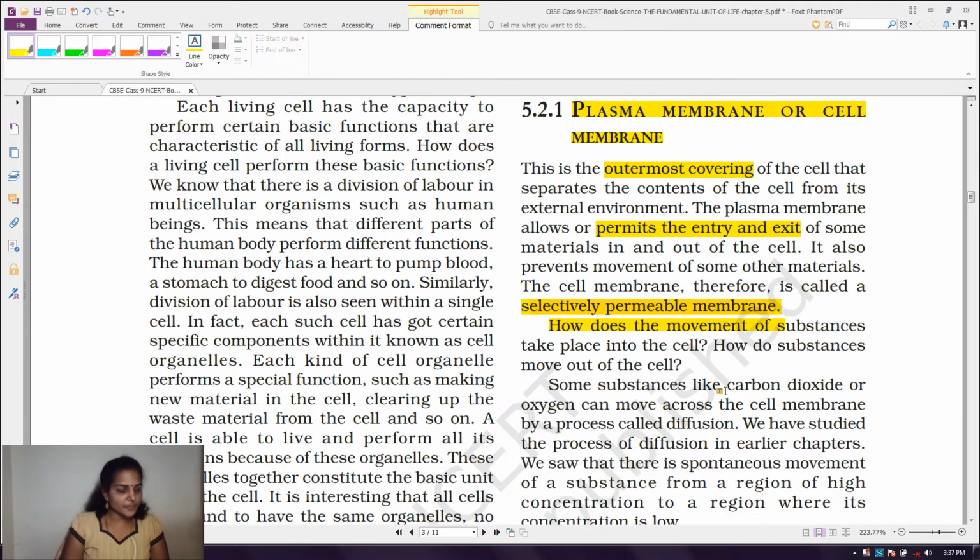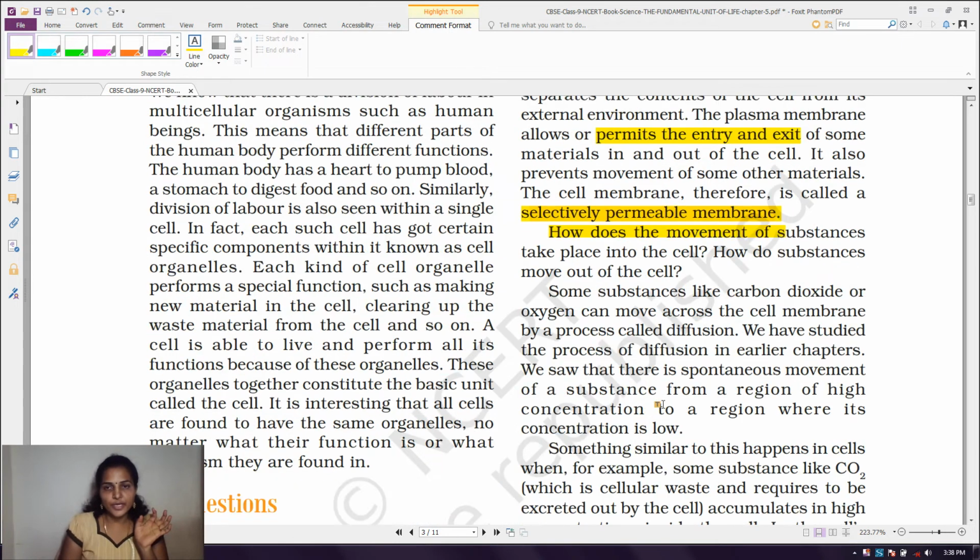Okay, so here for example we are taking the gases. Here gases, that is oxygen, is very important to the cell for respiration and all those things, right? So here gaseous exchange also is happening through this selectively permeable membrane by means of a process called diffusion.